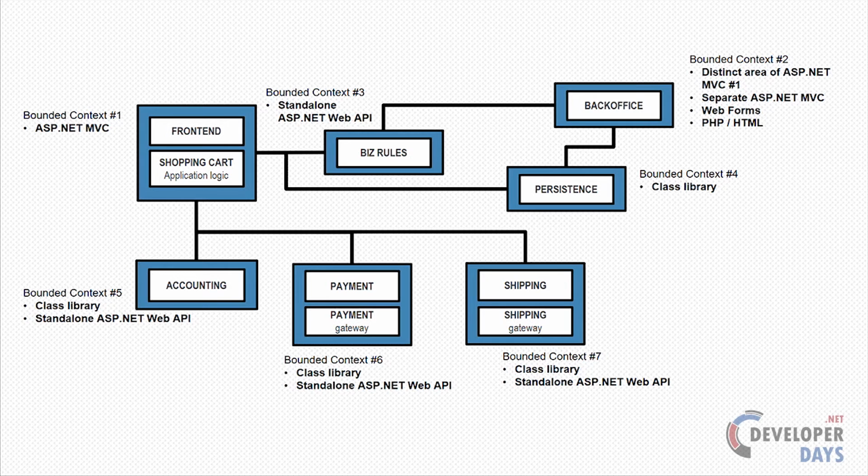The back office, well, can be just another front end, another area of the MVC application with a different set of controllers, or it can be a completely separated website, admin.mysite.com. And because it's a completely different web application, you could even use web forms there and data sets.